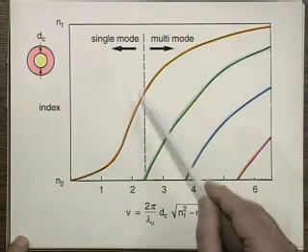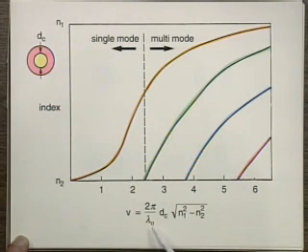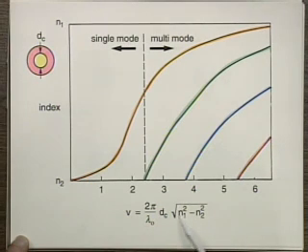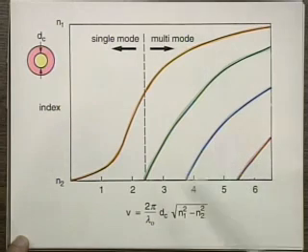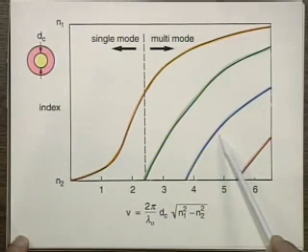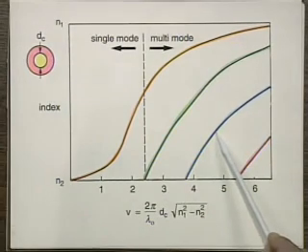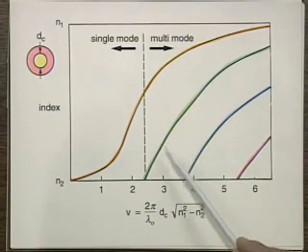So a single mode fiber is one where the V parameter, which means the size of the core, the wavelength, and the difference in the indices, gives you a V parameter smaller than 2.4, and that's single mode. If, let's say, you change the wavelength, you make it shorter, V will go up, and then you'll start getting all these multimodes, just like I showed you before, and then you'll be in trouble. So for some applications, not all applications.